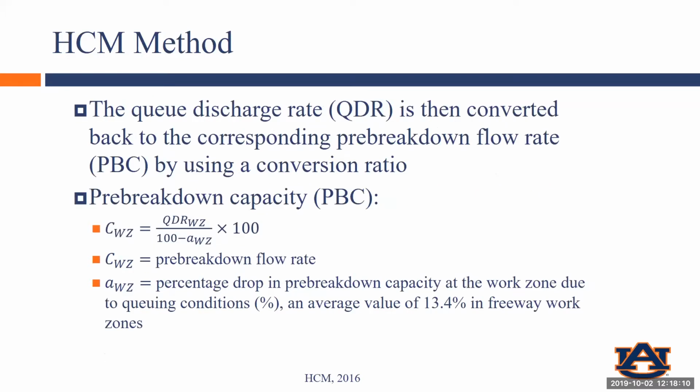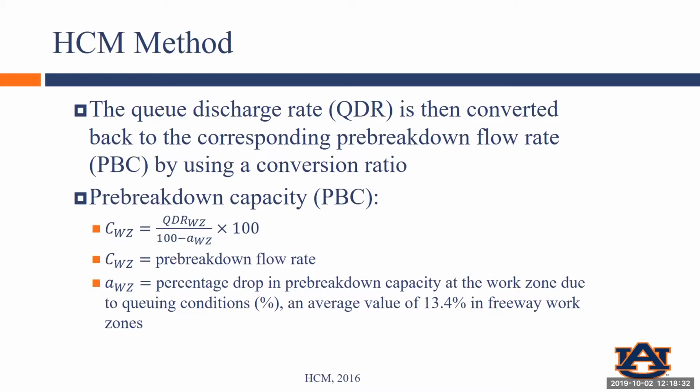After you calculate the Q discharge rate, you can convert it to the pre-breakdown flow rate. That is what we define as capacity. I think that is the most important number we want to know: what is the pre-breakdown capacity for the work zone?